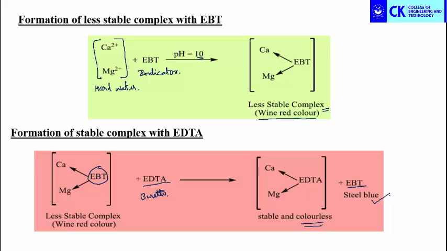This represents that the calcium and magnesium hardness causing ions complexed with EBT have entirely complexed with EDTA, so there are no hardness causing ions left in the solution. The indicator gets free and exhibits its own steel blue color, which represents the completion of the reaction. This is the reaction mechanism of the hardness.